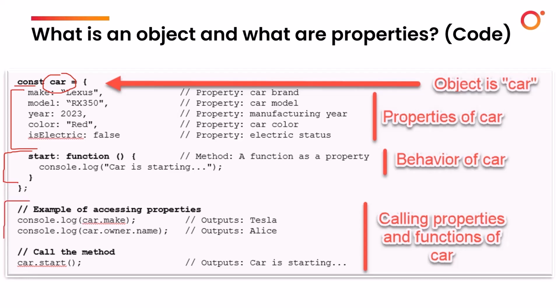And then, of course, there would be the actual invocation of those properties or those behaviors through calling them. So you could have an instance of the car, and then once you have that instance, you can call the property make or year or color, etc. to get the data that's associated with that. And here you see the invocation of the start function.